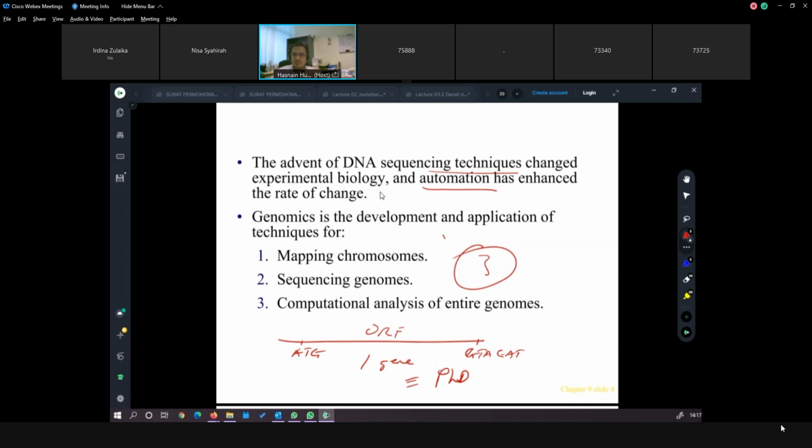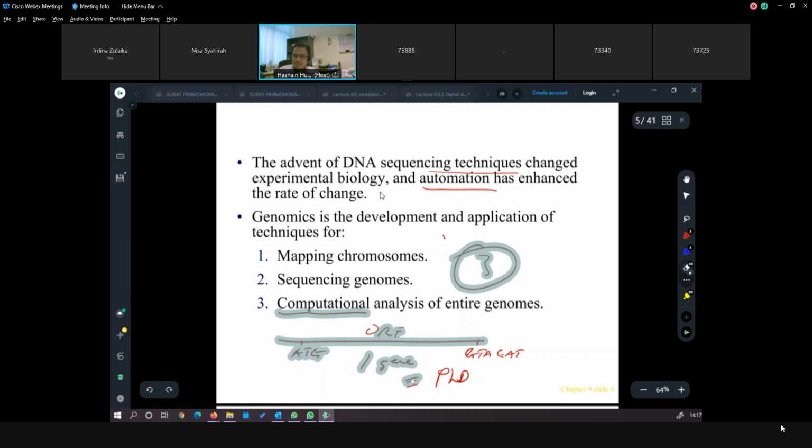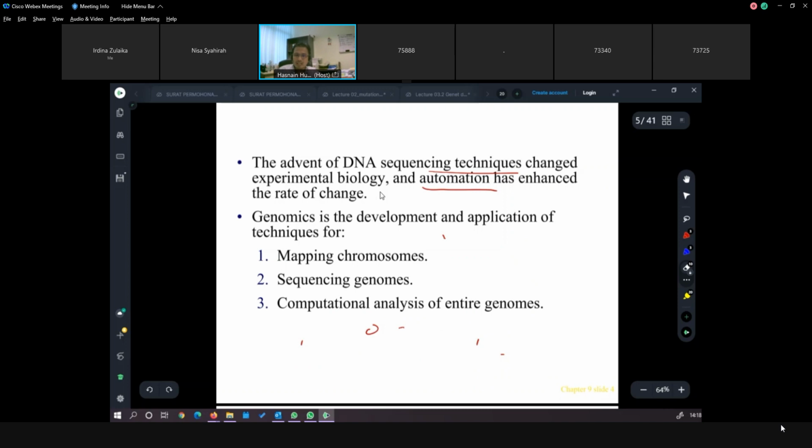Okay, so genomics is the development and application of techniques for mapping chromosomes, sequencing the genome, and then analyzing the genome using algorithms or computational methods. That is how the advancement of genomics has been going on for the last, I think, 30 years. All right.